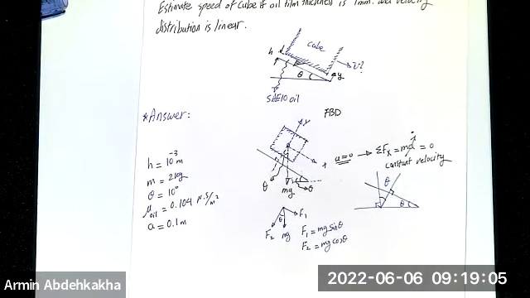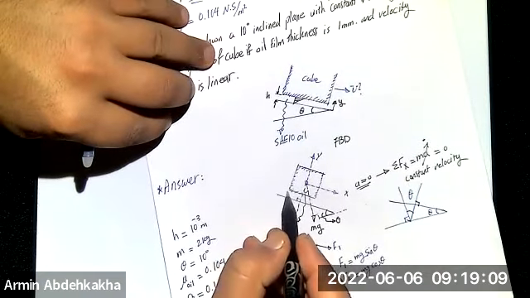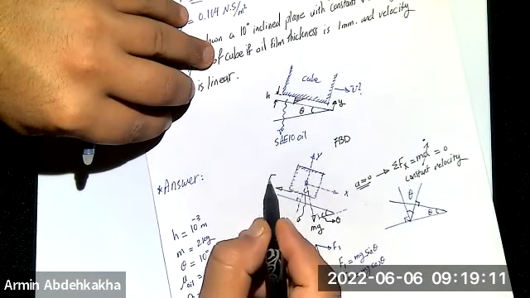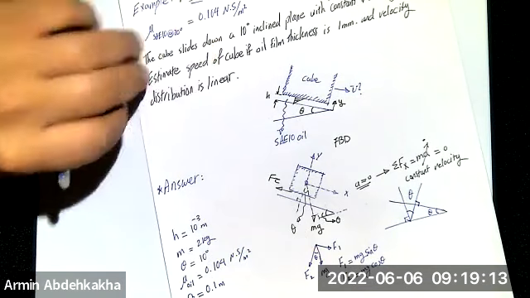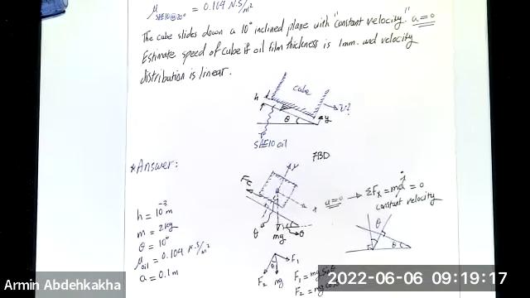What else do we need? The other thing that we need is F tau. This is what stops the cube from coming down. That's our friction force.